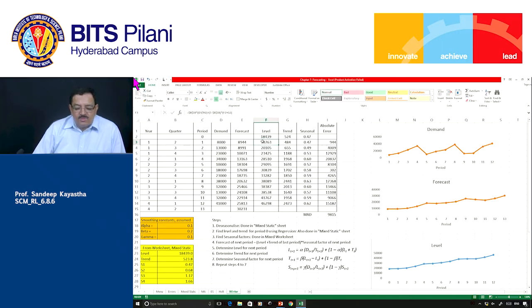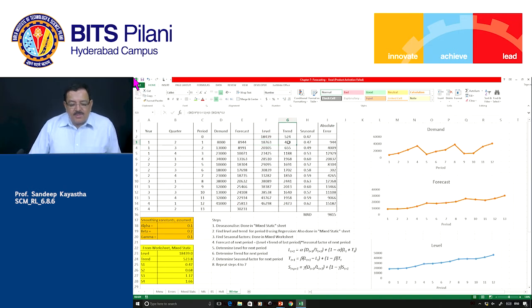So we have alpha value 0.1, B18 into D3, which is demand, divided by H2, that is our seasonal factor for the next period, and plus 1 minus alpha into F2 plus G2, which is level plus trend. So we get the new level.